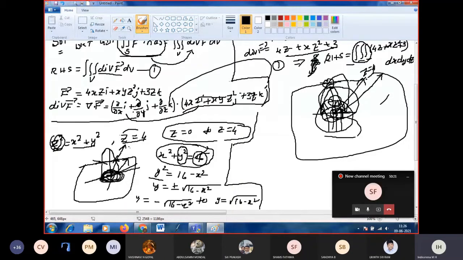Since y equals 0, we obtain x square equal to 16. That is, x equals what? Plus or minus 4. Plus or minus 4 means from here to here. X varies from minus 4 to plus 4. Is it clear?